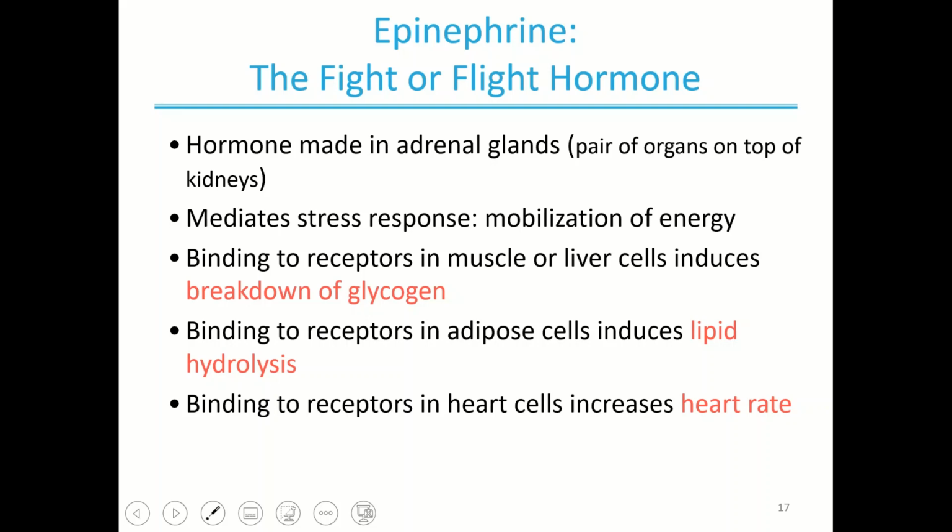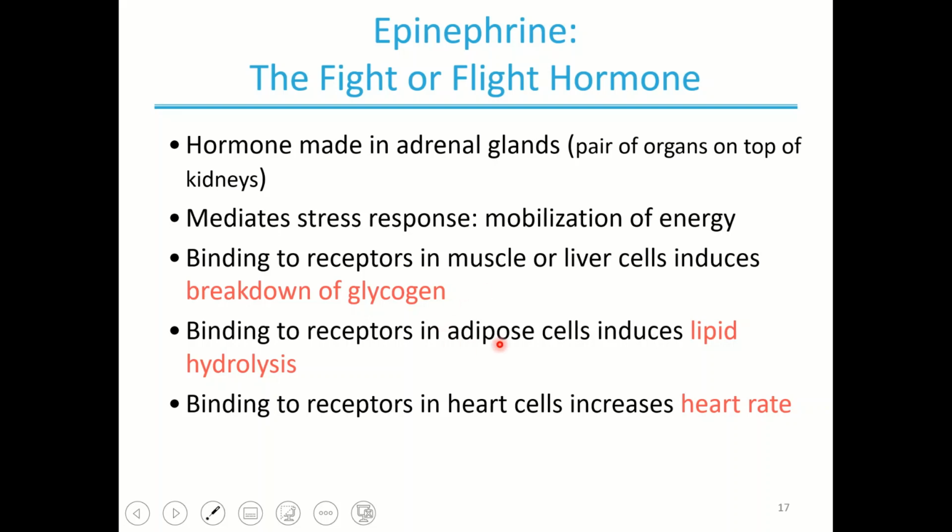In muscle or liver cells, this hormone epinephrine induces the breakdown of glycogen into glucose, right? So it releases a bunch of glucose. That glucose then can be used in your muscle cells to run away really fast or to fight something off.